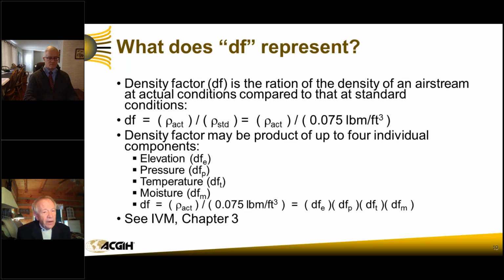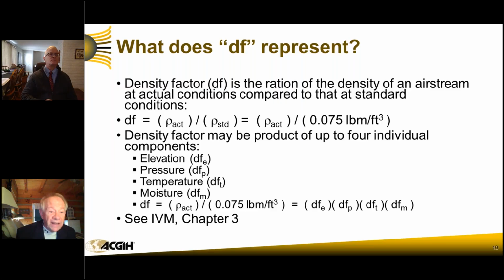But if you're ever conveying with something like argon or another non-explosive gas, like pure nitrogen, that has a different density than air. And of course, air has a different density when you put a bunch of moisture in it. So especially at high heat conditions, on dryers, we're always considering the moisture.